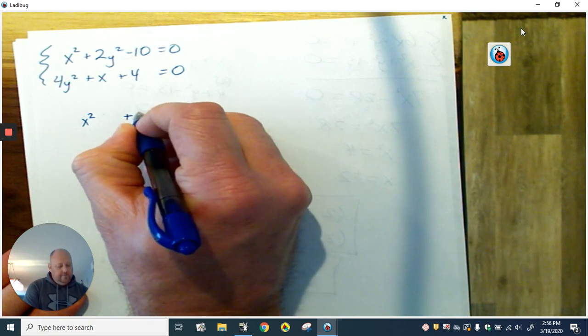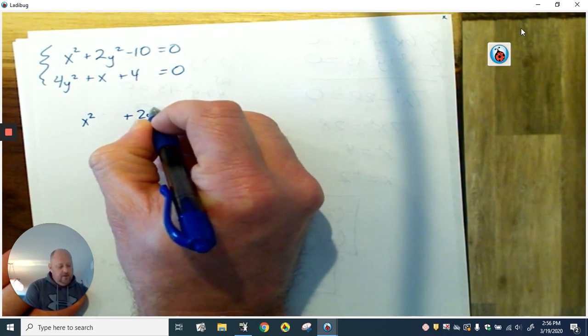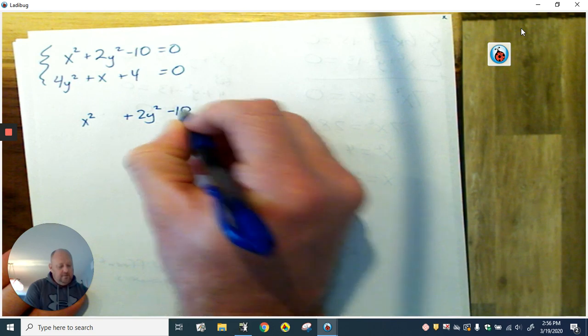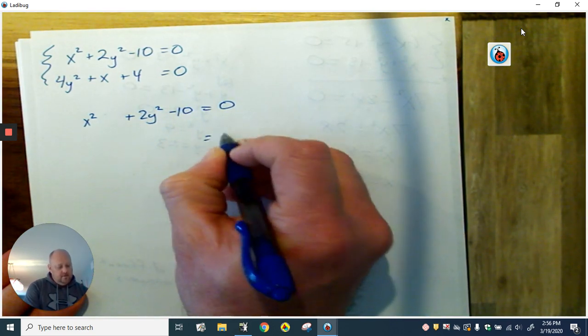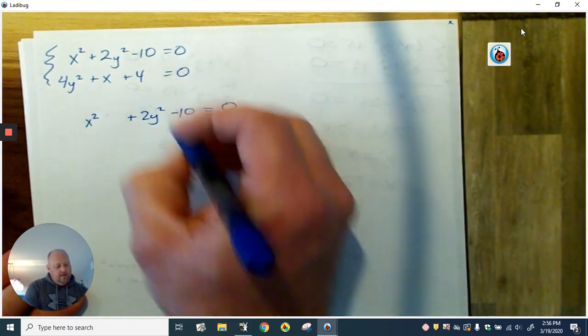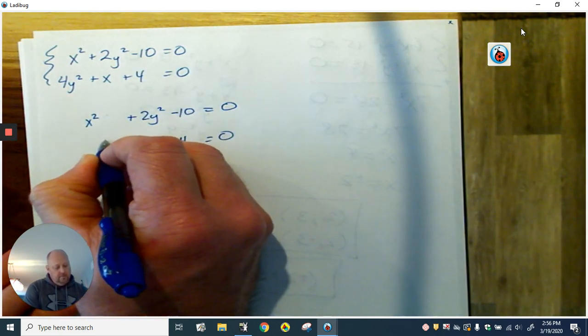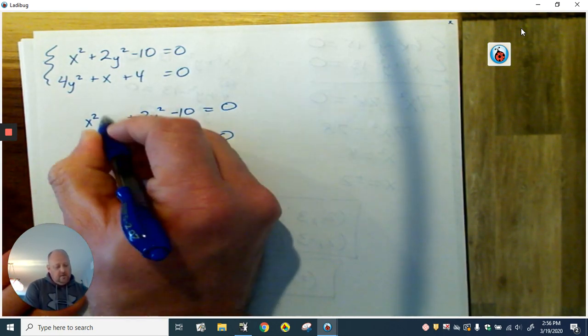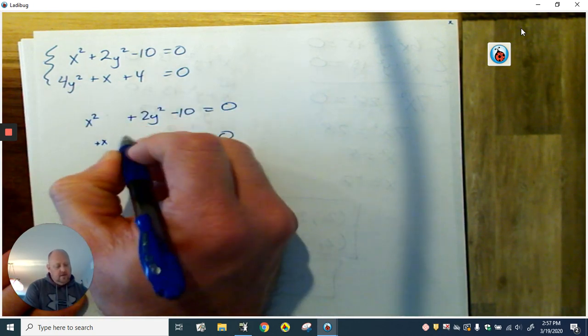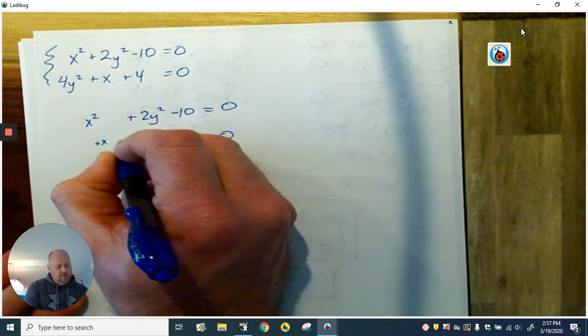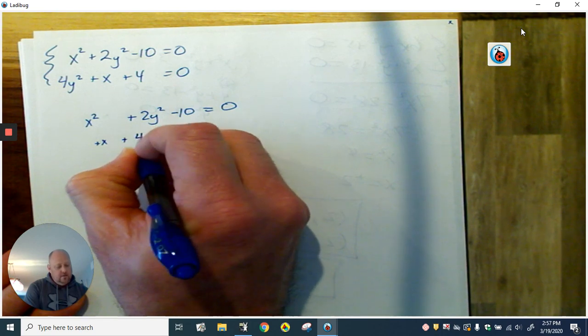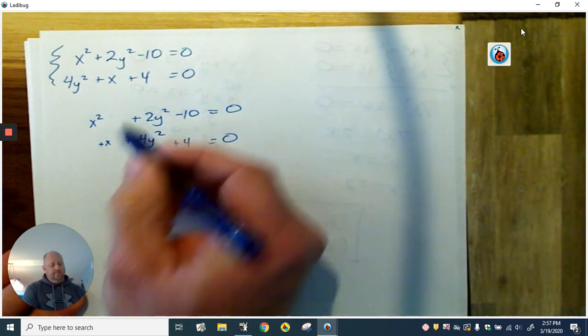I'm going to put my 2y squared over here, just space that out a little bit. And then my equal signs have to line up. My 4, I'm going to put underneath the 10. My x, I'm going to put over here, right underneath that blank. The 4y squared, I'm going to put underneath there, okay?